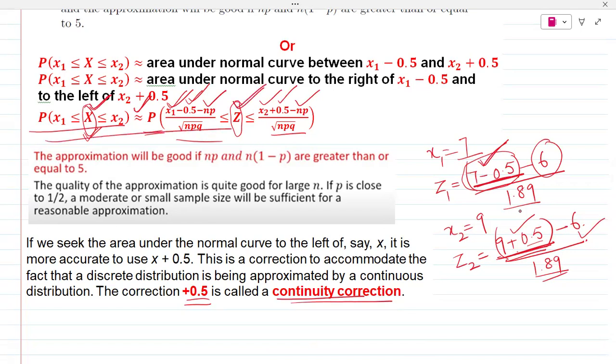In this concept we are converting a binomial distribution into a continuous distribution. By now you must have observed that we are taking the help of this 0.5 to convert the discrete binomial distribution into the continuous normal distribution. So this 0.5 is the continuity correction.